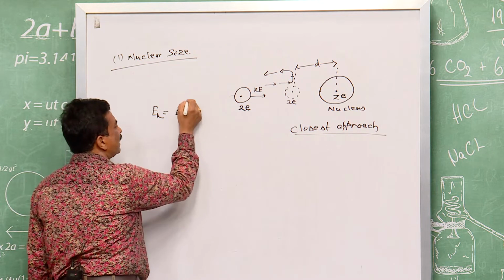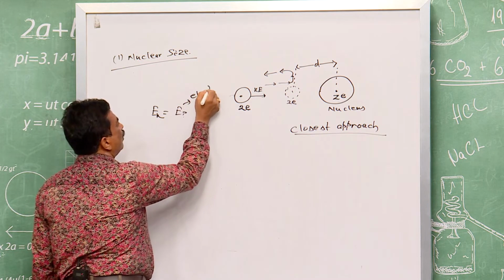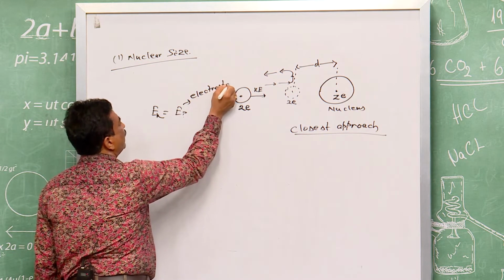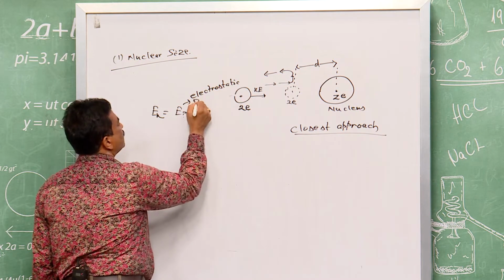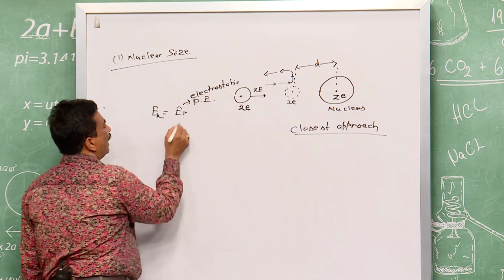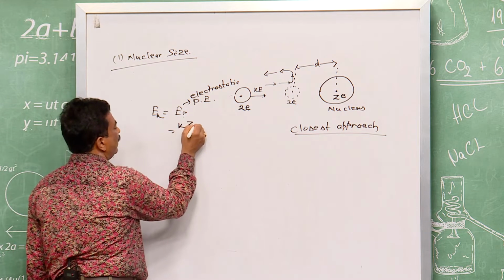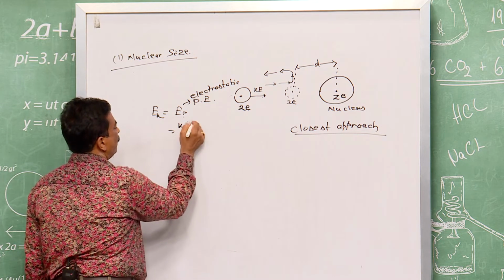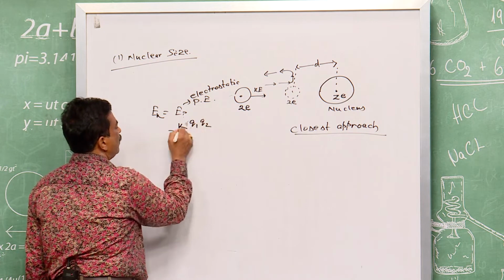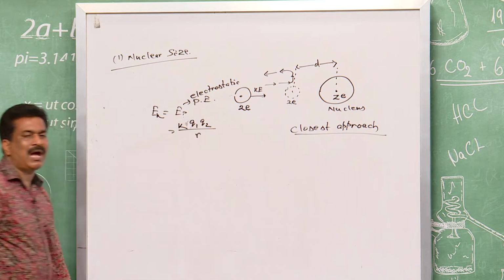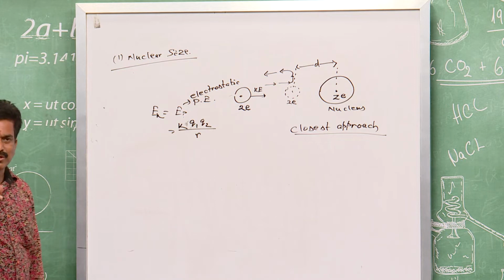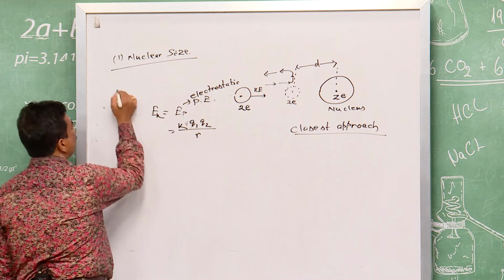What type of potential energy is this? Electrostatic potential energy, and that is how much? K Q1 Q2 by R, or R square? It is R.